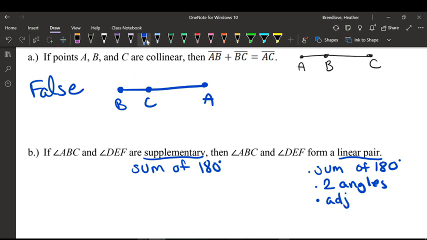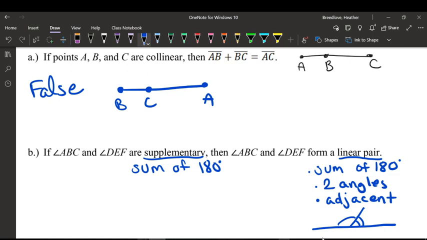Remember, adjacent means right next to each other. They share a side. So a pair of angles that make a line. All right, so here, an angle right there, and another one right there. So we have 2 angles that make a straight line. That's a linear pair. There's 2 of them, and they share a side.